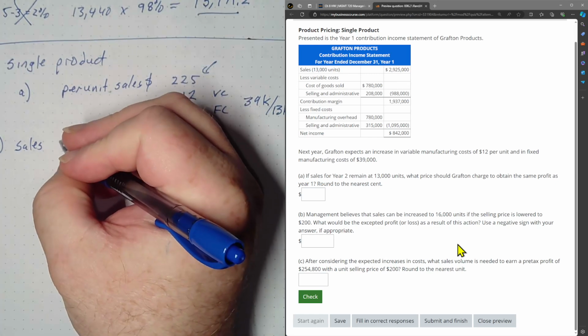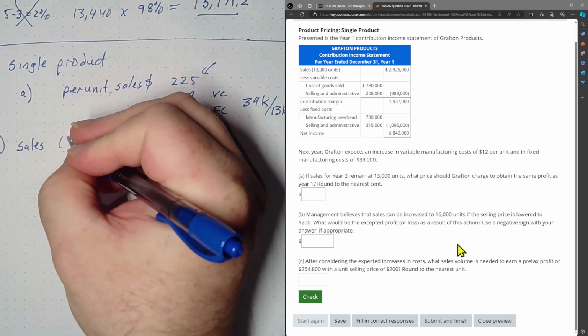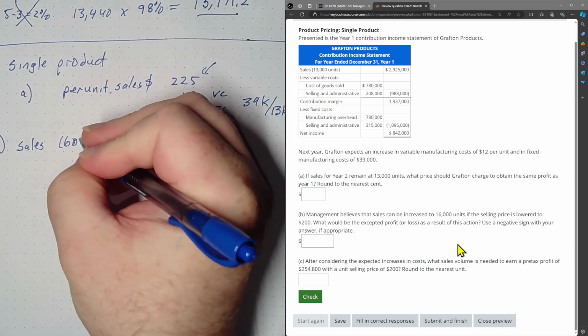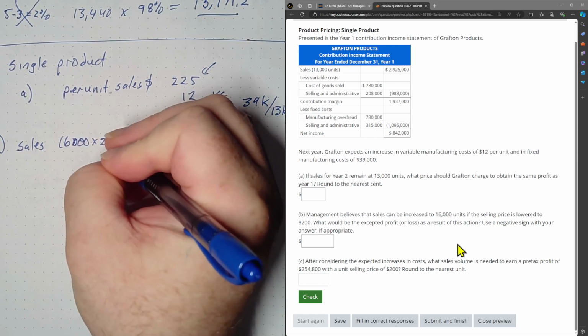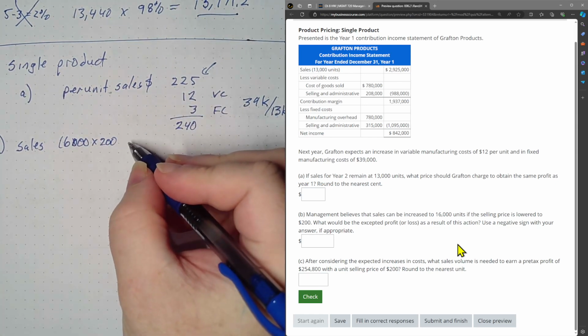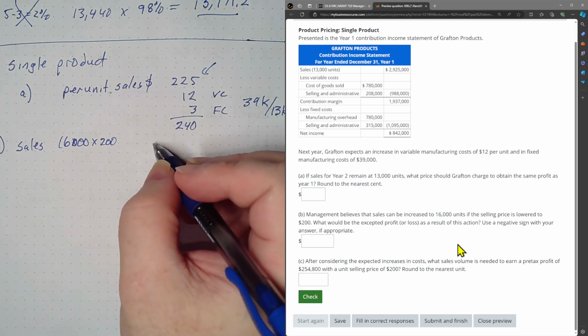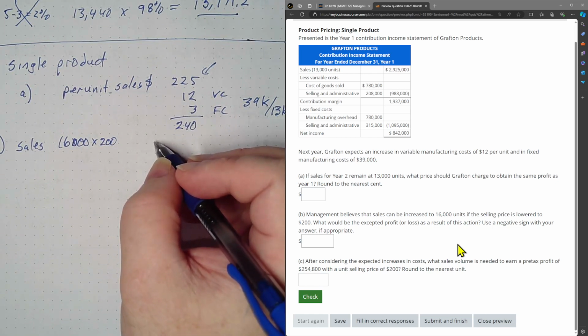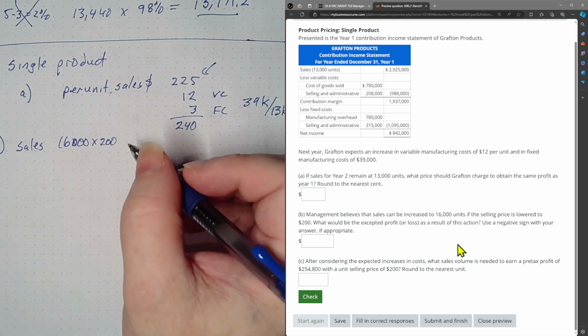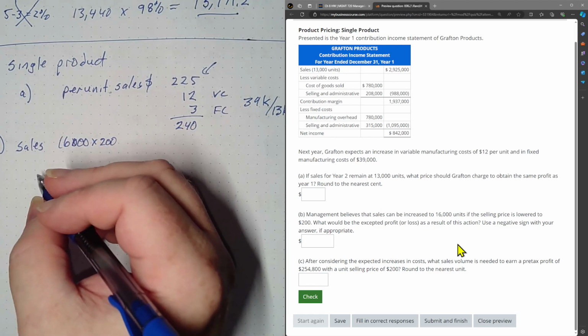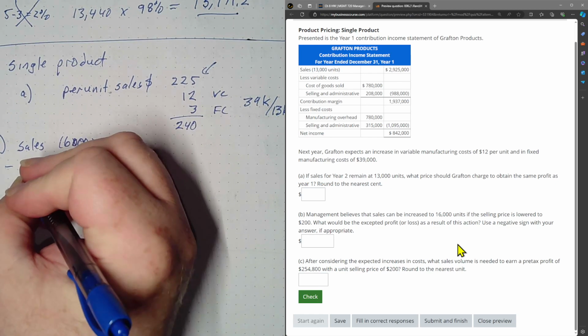So sales is going to be 16,000 times 200. Now you may think I'm going to extend this and figure out what the total is, but I'm going to show you that it's actually a little bit more effective for me not to do that. Next thing is minus cost of goods sold.